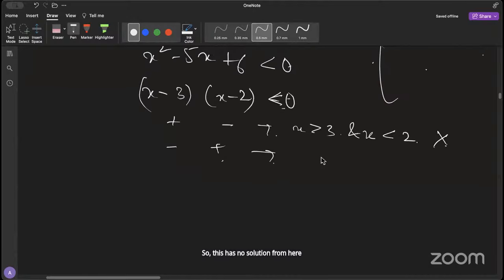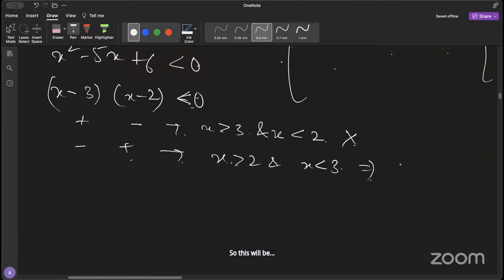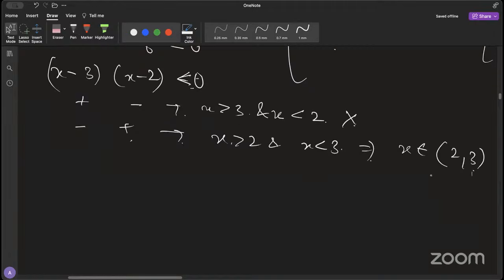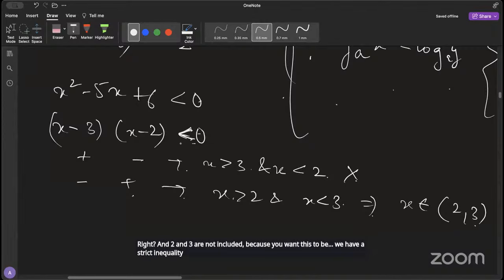And from here you will have x greater than 2 and x less than 3. So x will belong to (2, 3). And 2 and 3 are not included because we have a strict inequality here, so this should not be equal to 0.